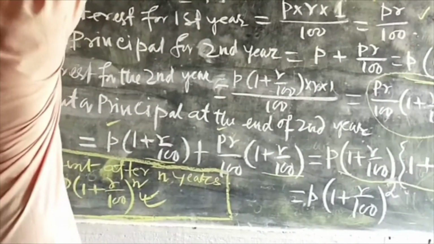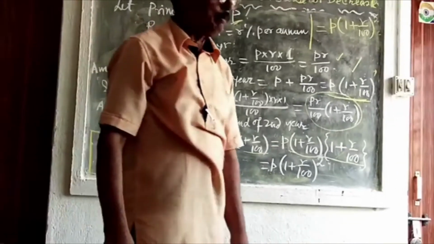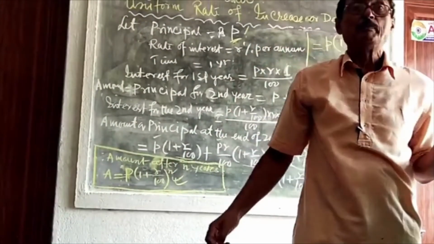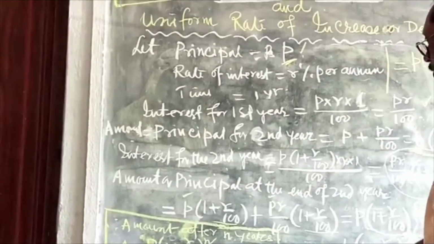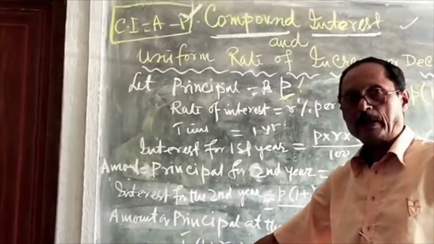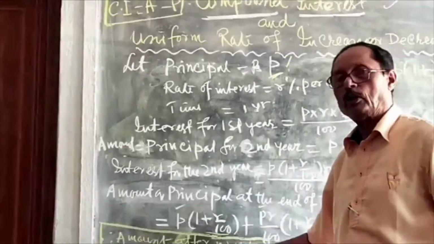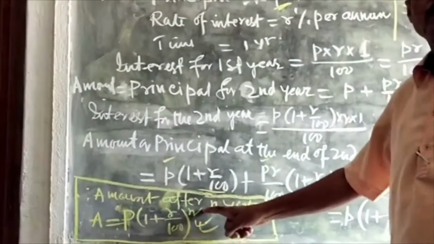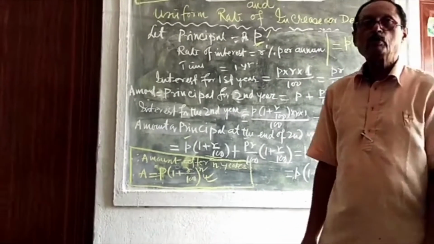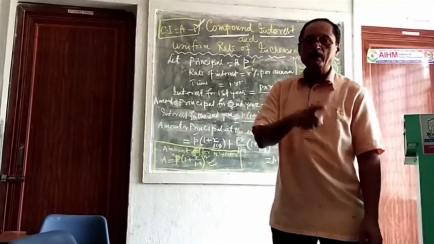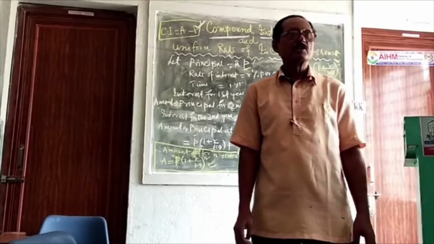And in that way we can calculate the compound interest from this empirical formula easily by putting in the variables. P is the principal, R is the rate of interest, and n is the number of times it is converted. So with this formula we will go to the problems given in exercise 6.1.